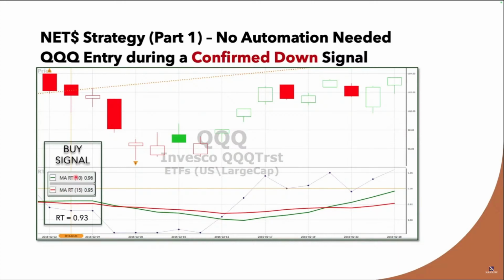Here we see that on this day, on the 2nd, the 10-day moving average is 0.96 and the 15-day is 0.95, so it's above. The day before, just take my word for it, they were both 0.96, and that kind of makes sense.